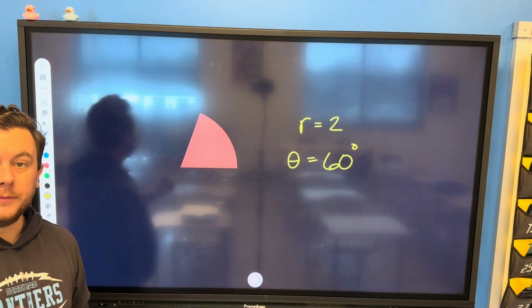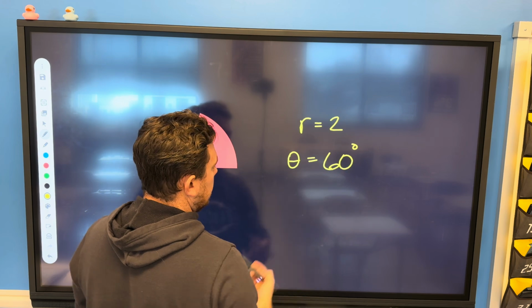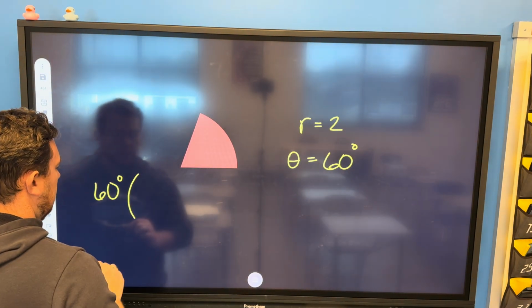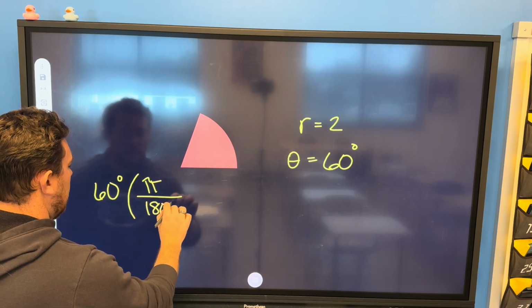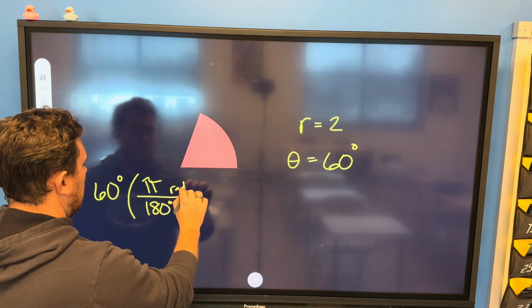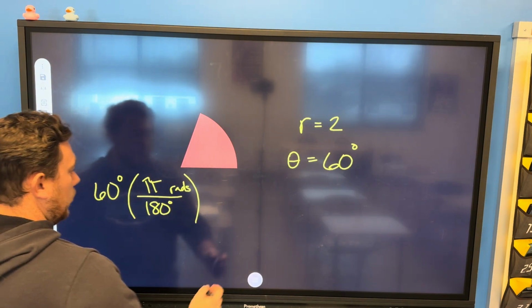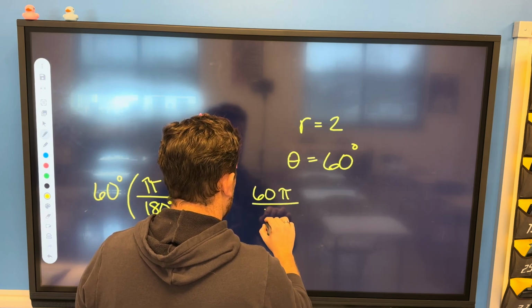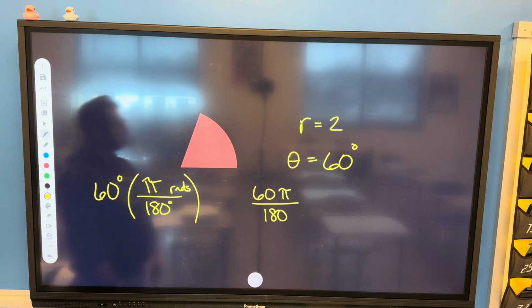Well, step 1 is going to be to change this to be a radian. So 60 degrees times, we want to cancel degrees, so pi over 180 degrees. That's 60 pi over 180. And we would be able to simplify that.